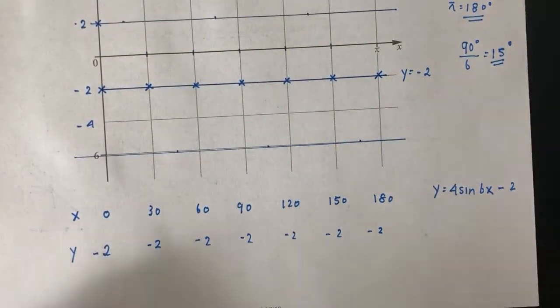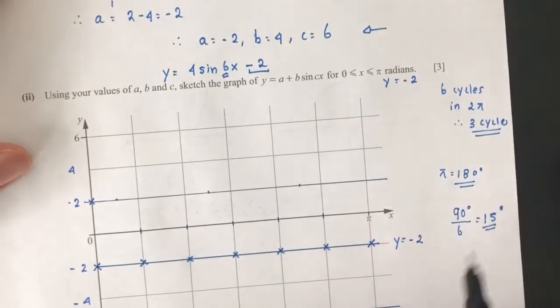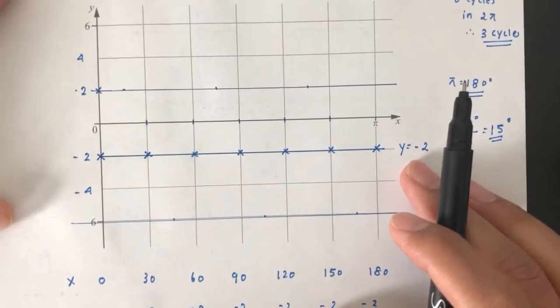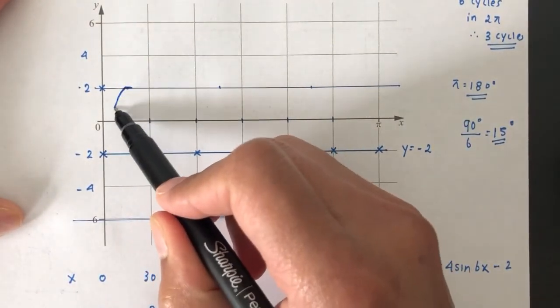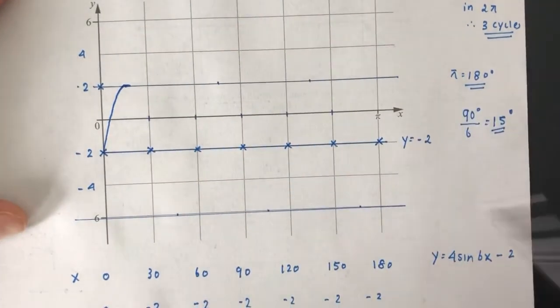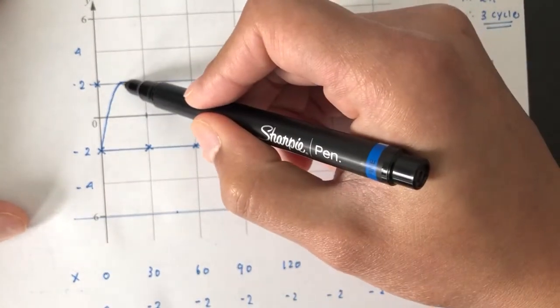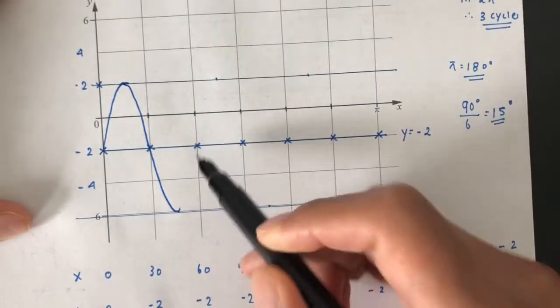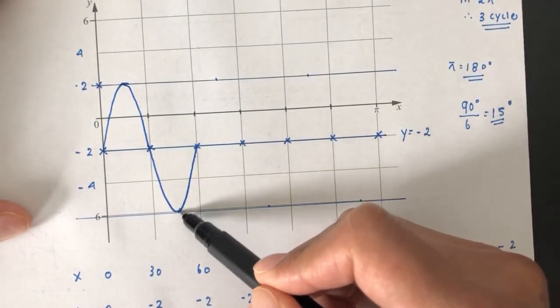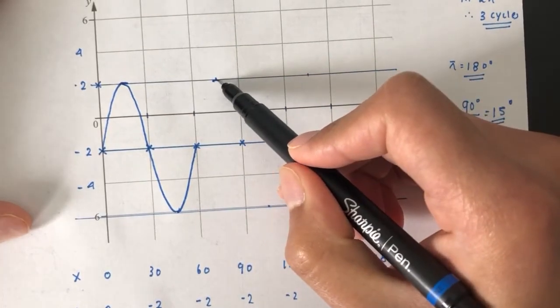So we must be having 3 cycles, as we have seen here, 3 cycles in this drawing. You have to make it as smooth as possible. So that's the first cycle, and then you have to keep going.